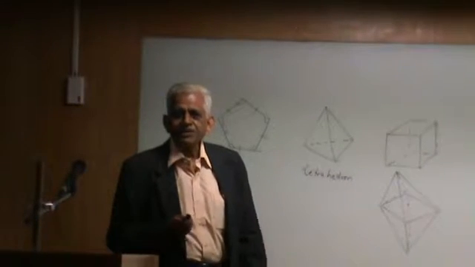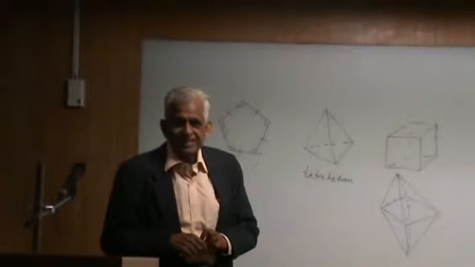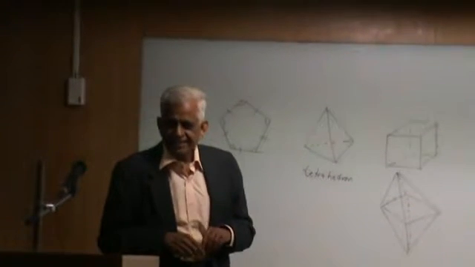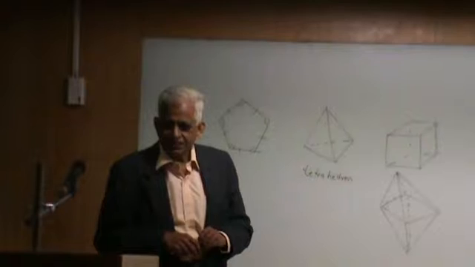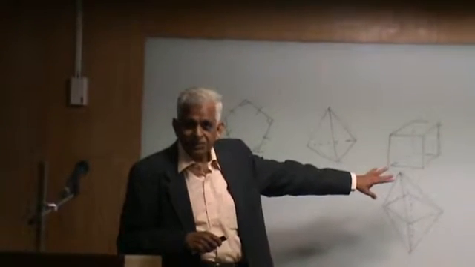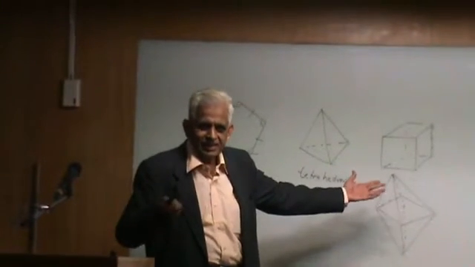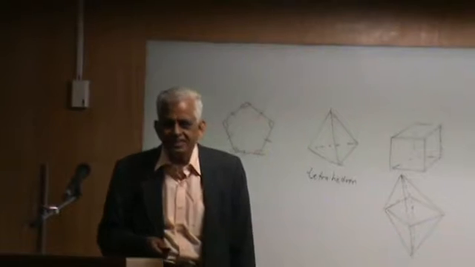It's called an icosahedron. Icosahedron has 20 equilateral triangles as the faces. These are very beautiful pictures, and I'm sure you have seen them in many contexts.